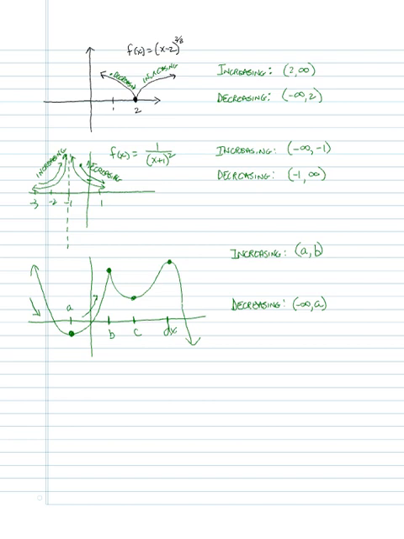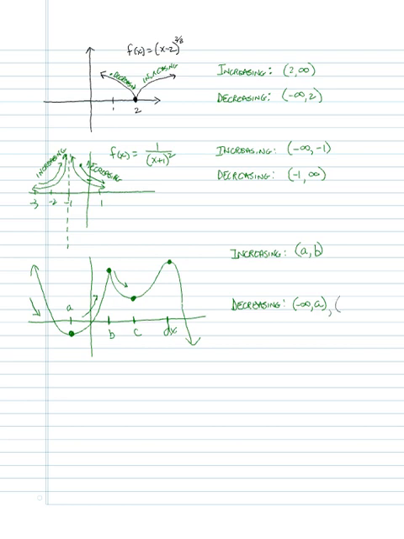Now once we get to this point here and we continue to walk, we have to go down. So once again, we're decreasing now. And so we keep decreasing until we get to the bottom of this valley, don't we? And the bottom of that valley is at C, so it stops decreasing when we get to C. Let's put a comma to separate these intervals.